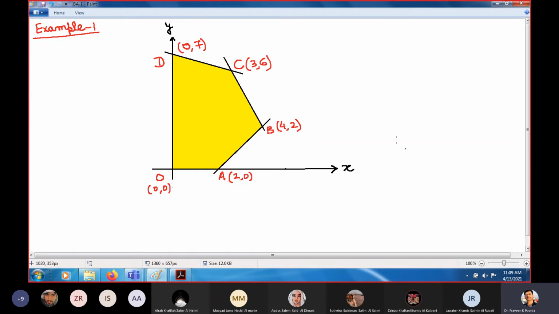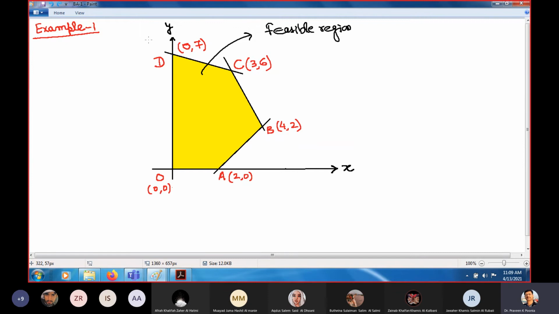This is a graph and we have to find the feasible region here. This is the feasible region. Because it is an online exam, they are not going to ask you how to draw the graph. They will give you the graph.